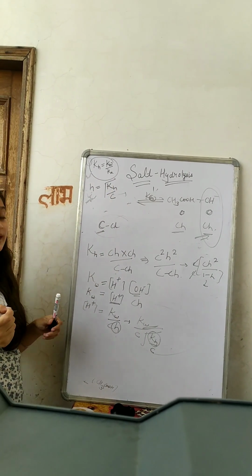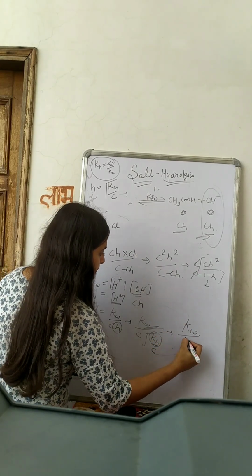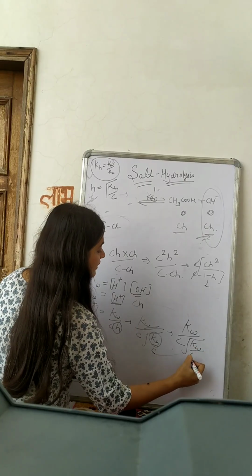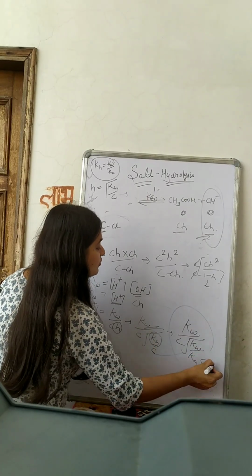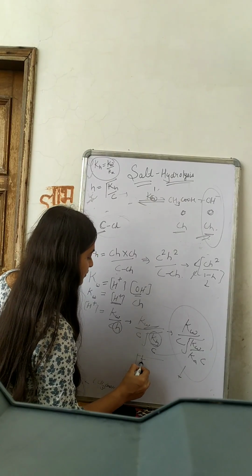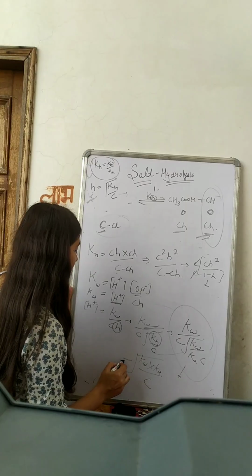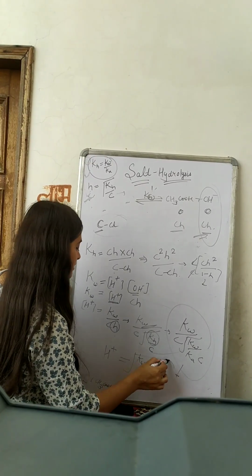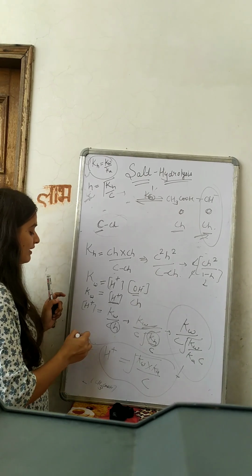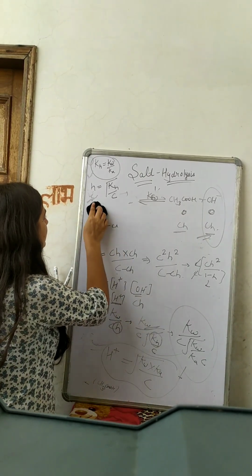That is Kw by Ka. We can also write here Kw by Ka into C. To solve this, we have under the root of Kw into Ka divided by C. This value is to calculate the concentration of this H plus ion. This is also a very important formula, and one more formula is also here.